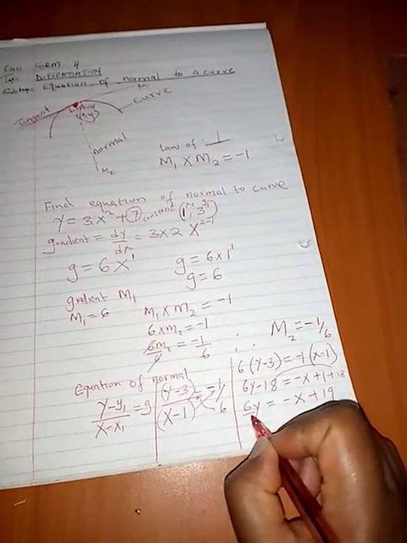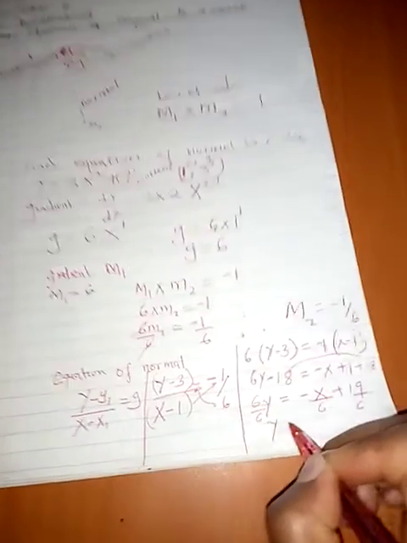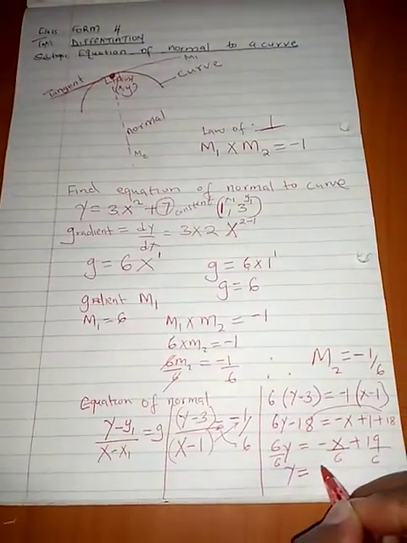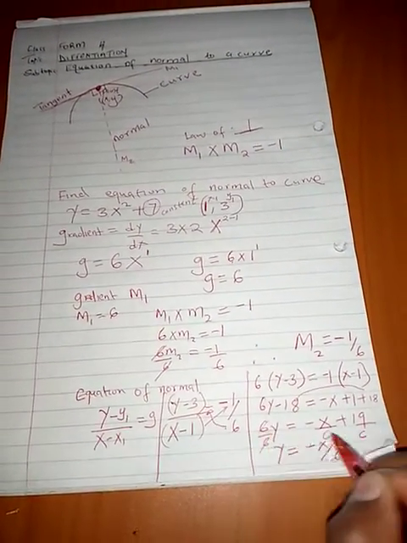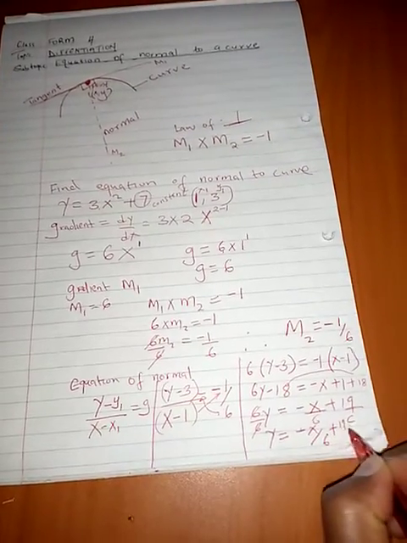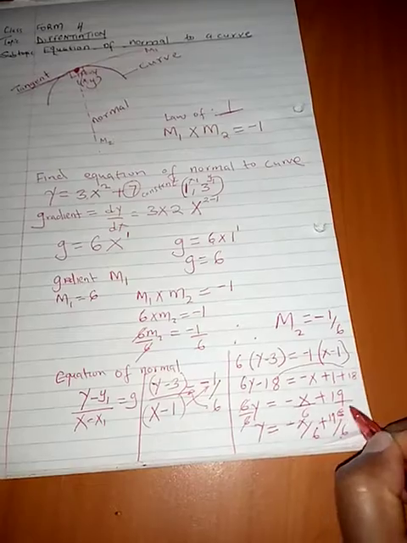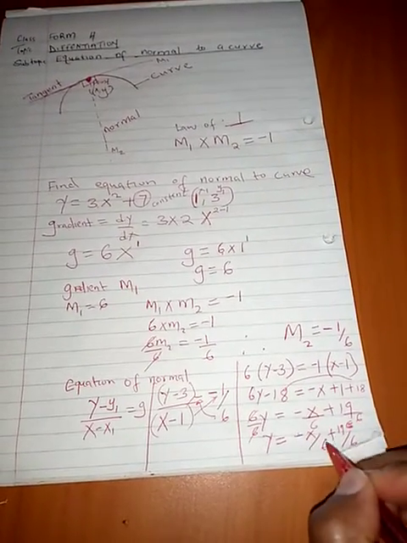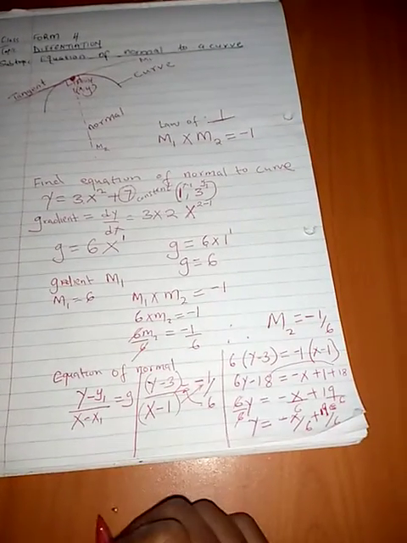Then we divide by 6, divide by 6, divide by 6. y is equal to negative x over 6 plus 19 over 6. Our final answer is negative x over 6 plus 19 over 6.